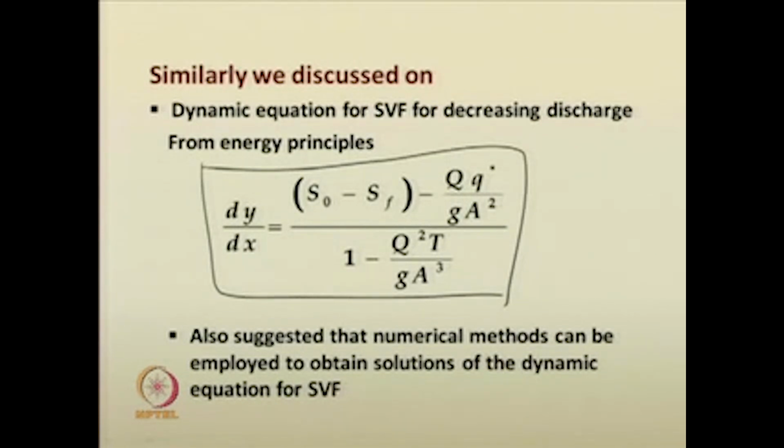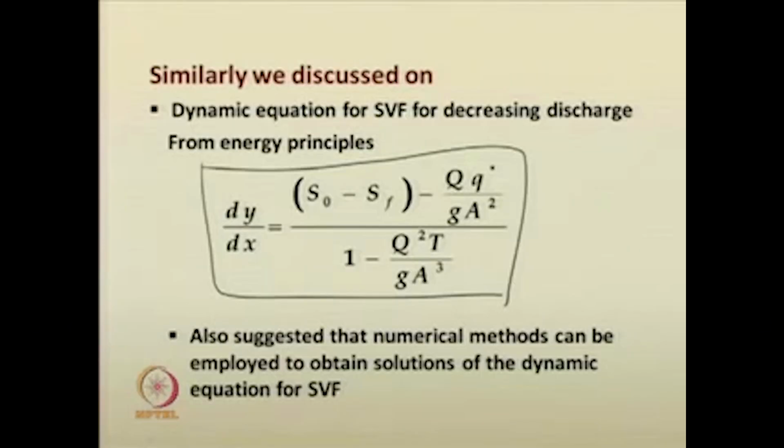Also, we have suggested that numerical methods can be applied to solve these two types of dynamic equations. From solving them, either we can get the depth of flow at various cross sections, or for a specific depth, we can get the cross section at which that depth of flow is maintained, and all that can be readily obtained.